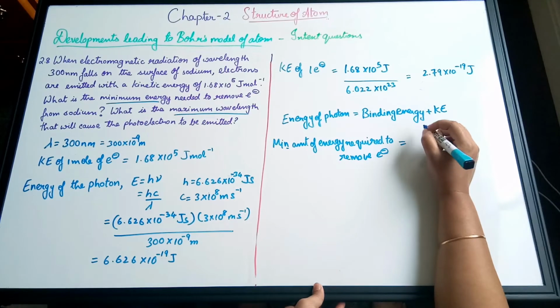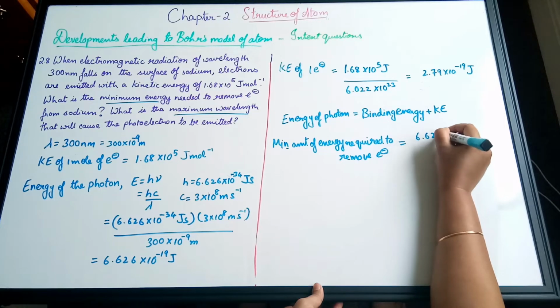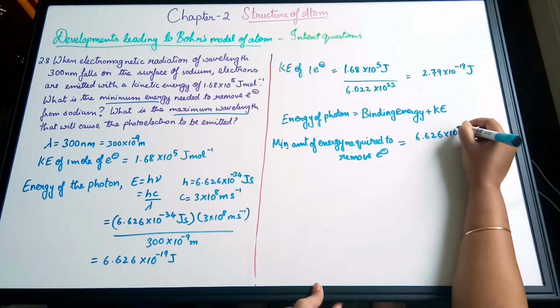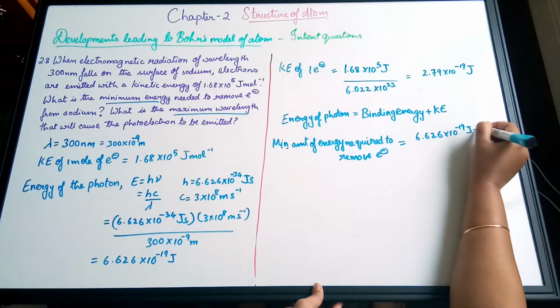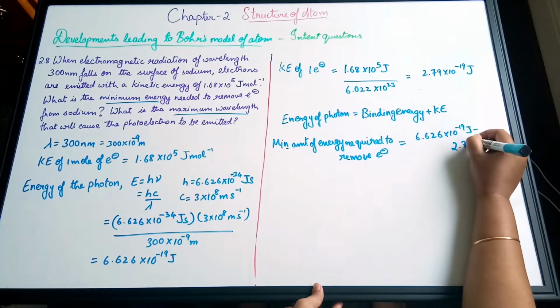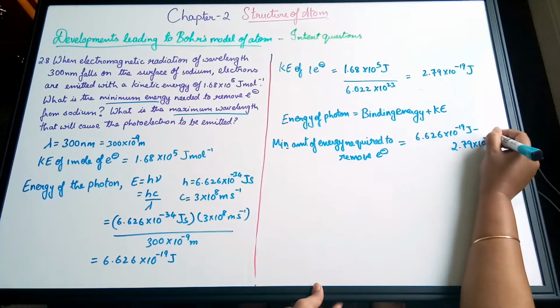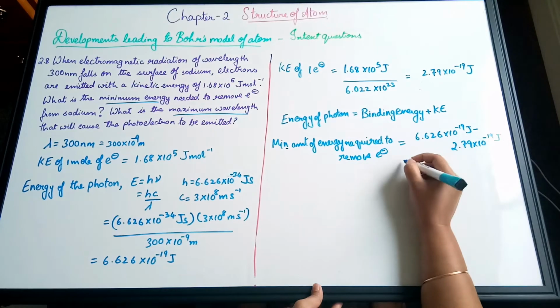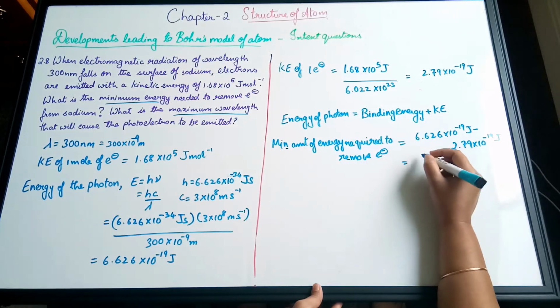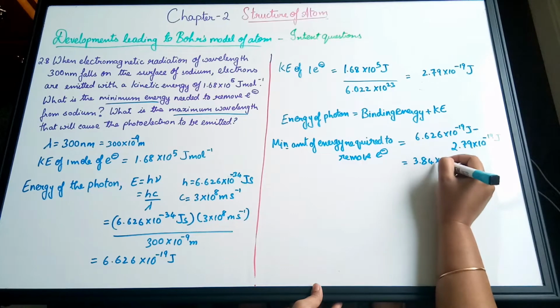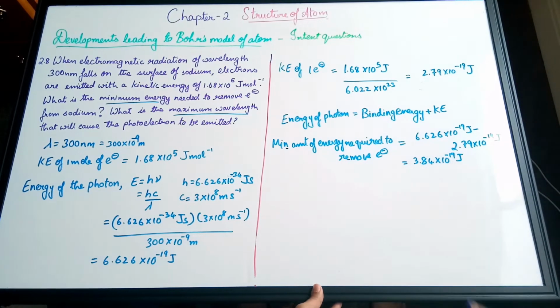So that's nothing but 6.626 into 10 to the power minus 19 joules minus 2.79 into 10 to the power minus 19 joules. When this is simplified, we get 3.84 into 10 to the power minus 19 joules.